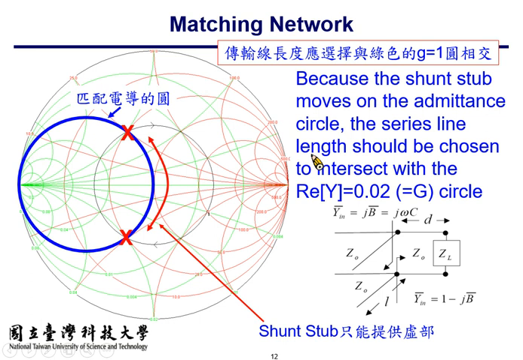You are supposed to have two solutions, which are the intersections of the unit conductance circle and your constant SWR circle. So you see the two cross marks on the plot, which are the places where you should connect your stubs, okay?